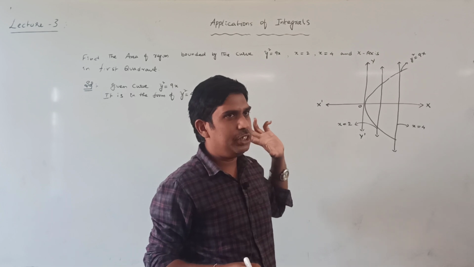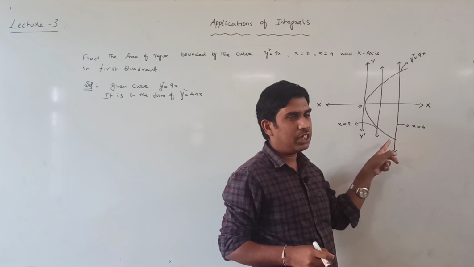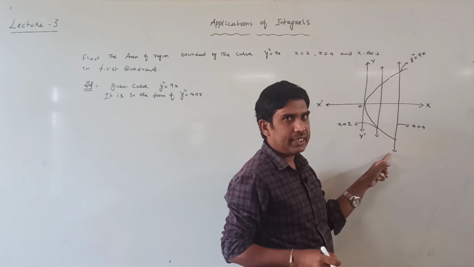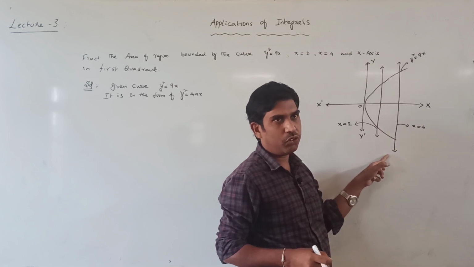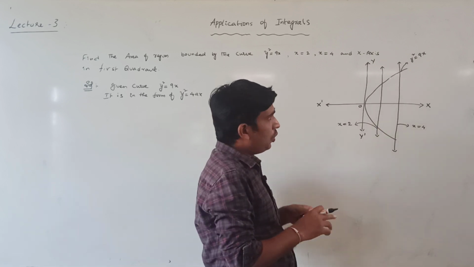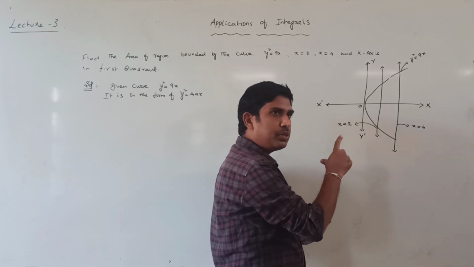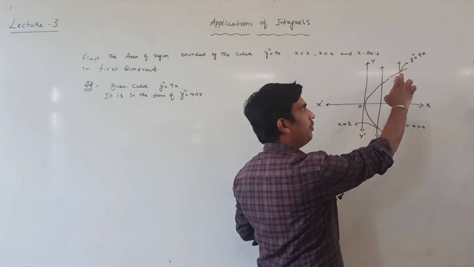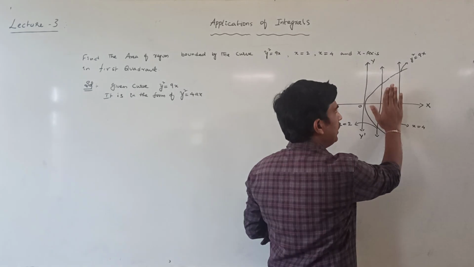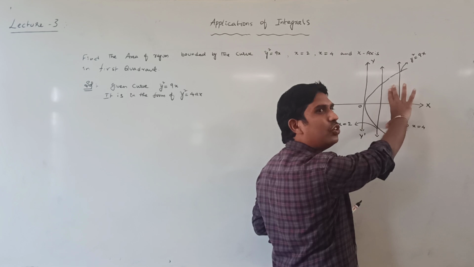So by observing the question, find the area of the region bounded by the given curve, a parabola, with these 2 lines, x is equal to 2, x is equal to 4, with the x axis in the first quadrant. If first quadrant is not mentioned, then by observing the diagram, the area bounded by the parabola, the x-axis and the two lines is this part of the region we have to evaluate.